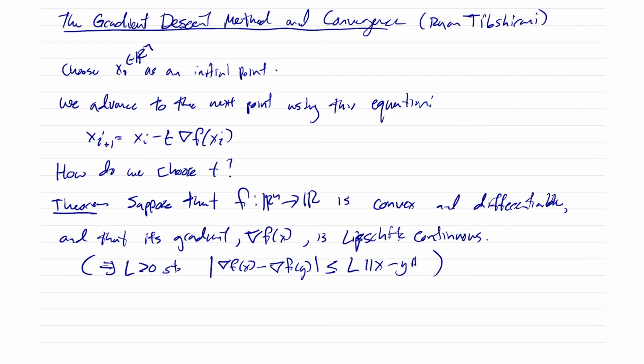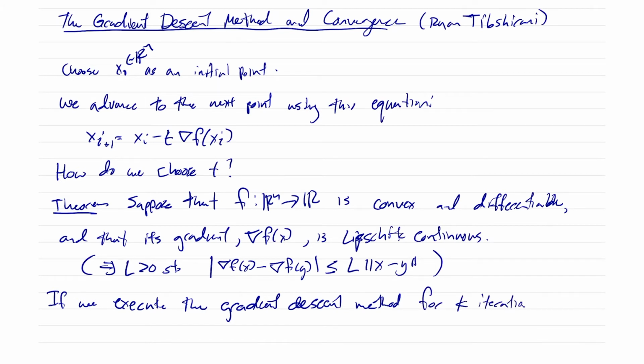And so with that, if we execute the gradient descent method for k iterations with a fixed step size t, which is less than or equal to 1 divided by the Lipschitz constant, it will yield a solution which satisfies this.